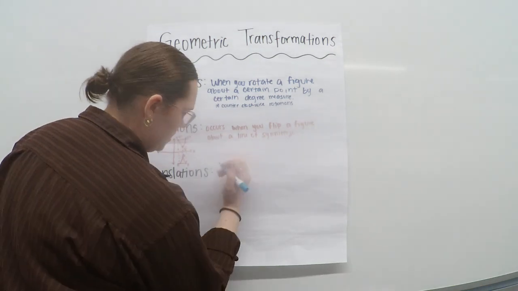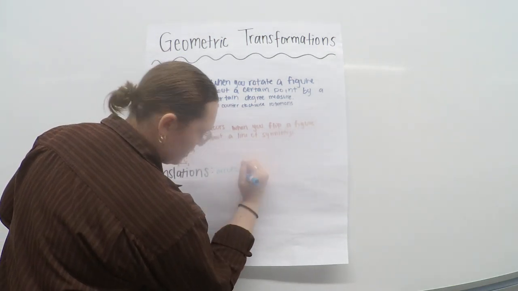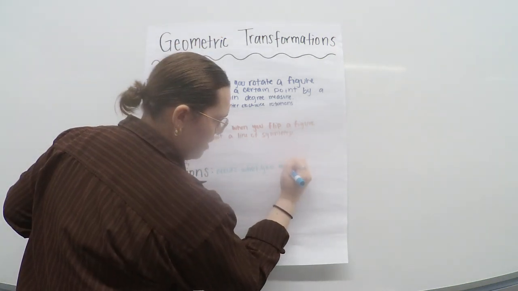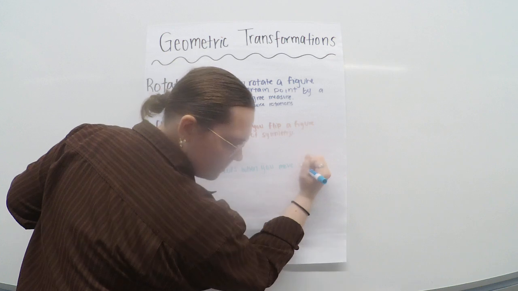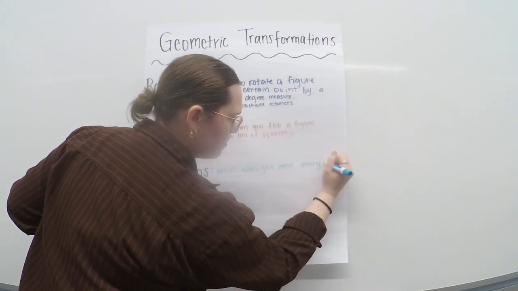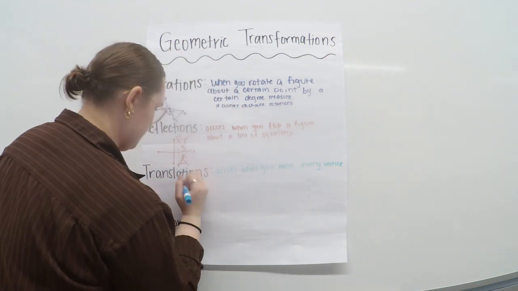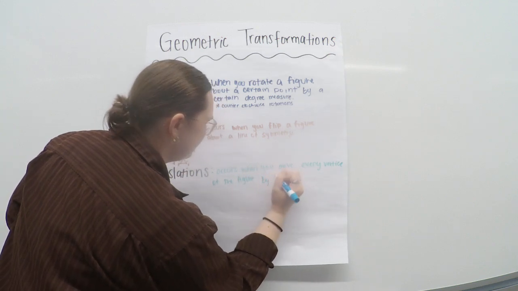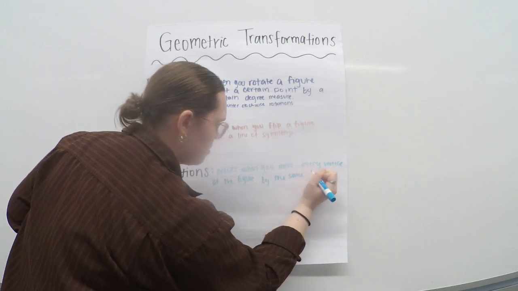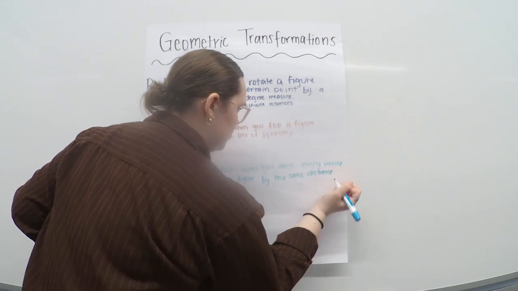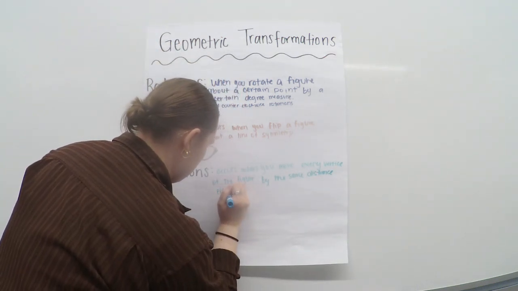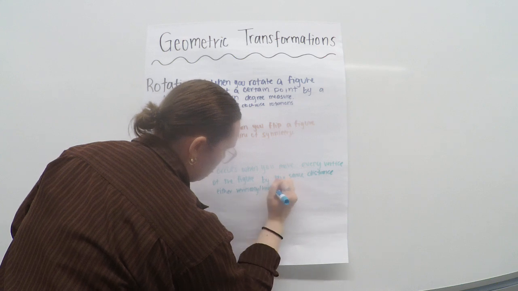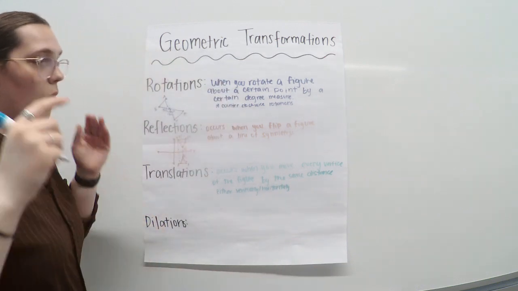So when we translate a shape, it occurs when you move every single point or every single vertex of your figure by the same distance either vertically or horizontally. Or in a vector movement.